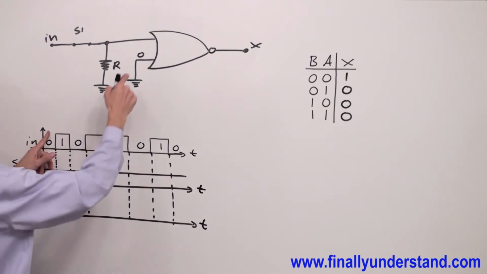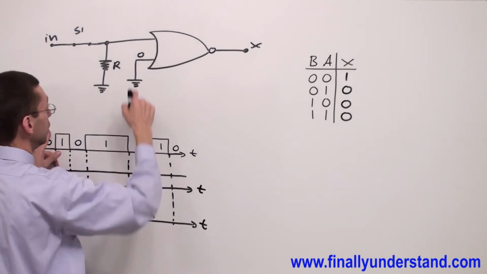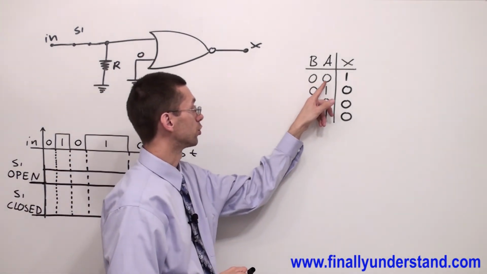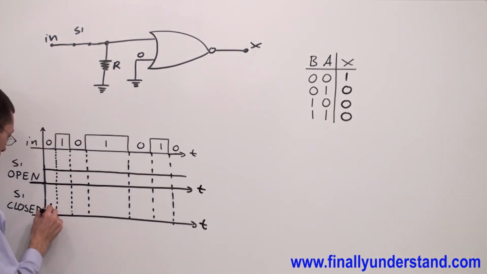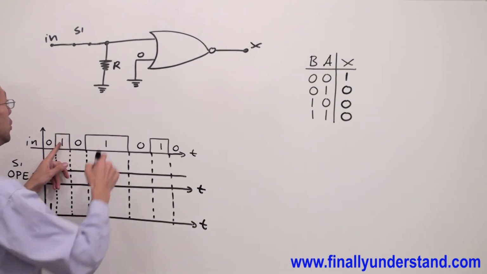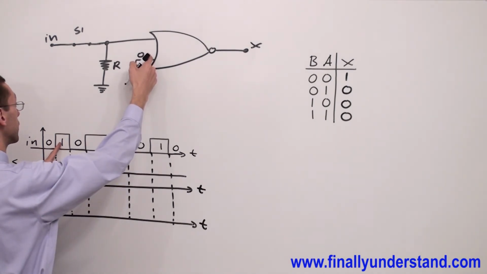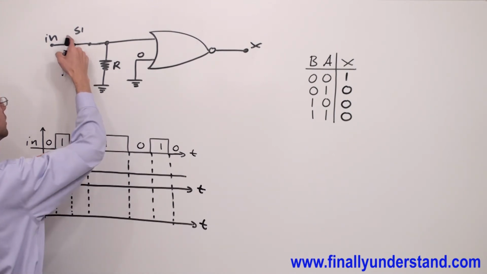0 NOR 0, because this is a NOR function, 0 NOR 0 gives me 1. That's why I'm going to write 1 over here. 1. Then NOR 0, because at this moment I'm going to have 1 at this input.